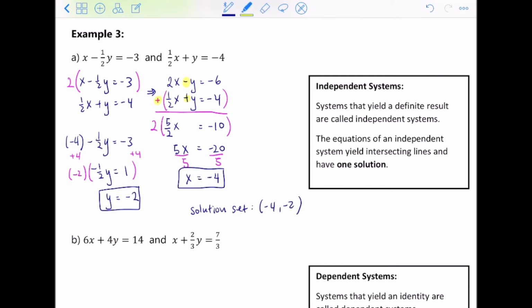And similar to the previous section, we talked about what independent systems are. It's when systems yield a definite result, just like this, when we have a coordinate, then this is called an independent system. The equations of an independent system yield intersecting lines and one solution.